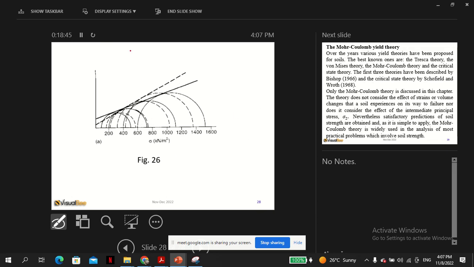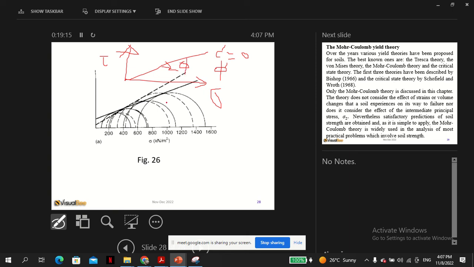One, we can have a soil with sigma and tau. This is called phi. This is C equals 0. C is 0, or we can just say this is a phi soil because the C is 0.